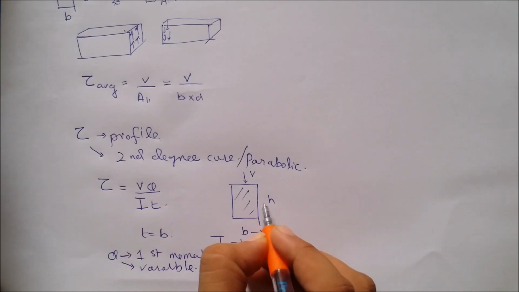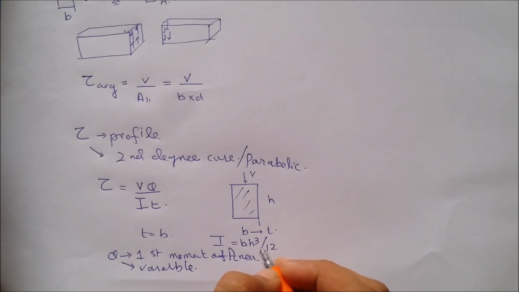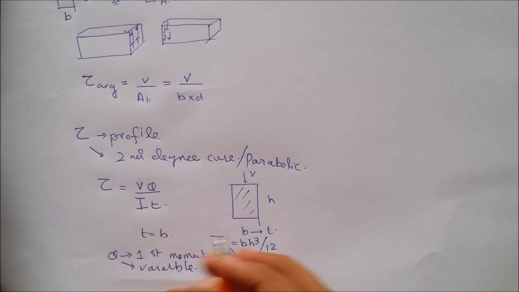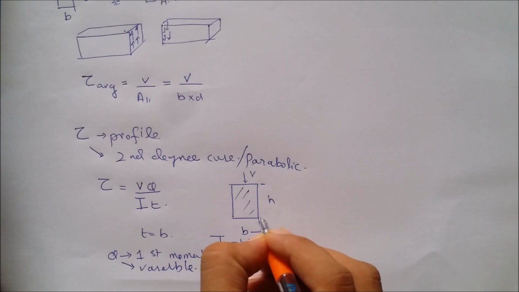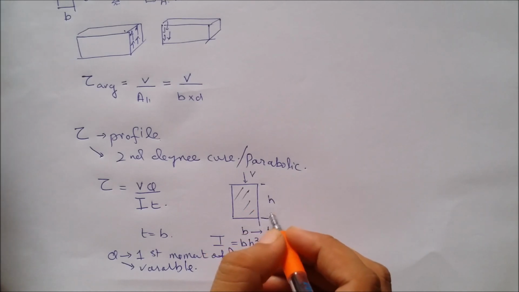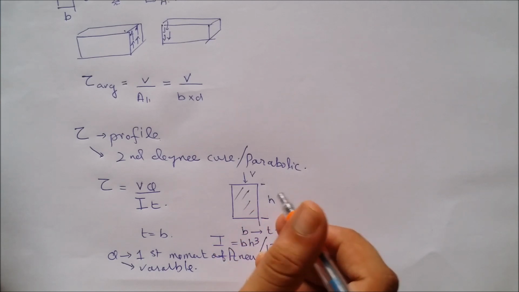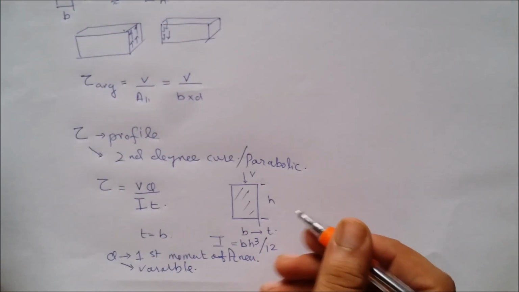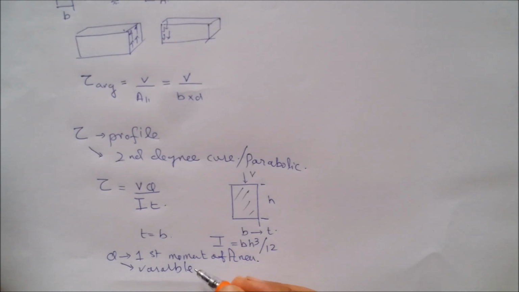So we get various points of shear stresses by calculating various values of Q and substituting the value in the formula. Note that Q is 0 for these two edges, since there is no area at the edge points. In further videos, we will discuss how to calculate further the first moment of area.